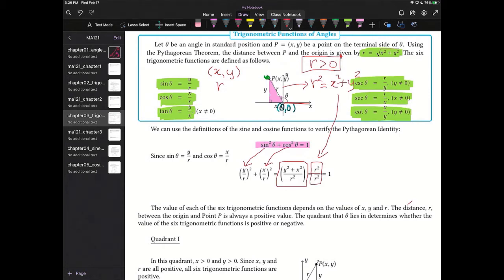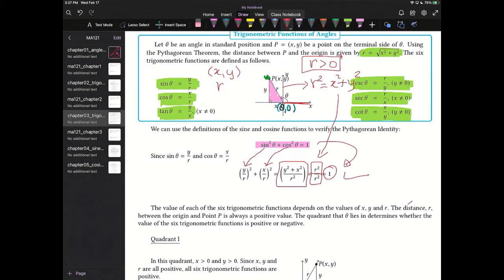So the division then becomes equal to 1, which makes sense. So it's still a valid trigonometric identity. So meaning this new definition that now uses coordinates of points on the terminal side of the angles in standard position is still applicable to the trigonometric identity that we saw before. They do not contradict that.